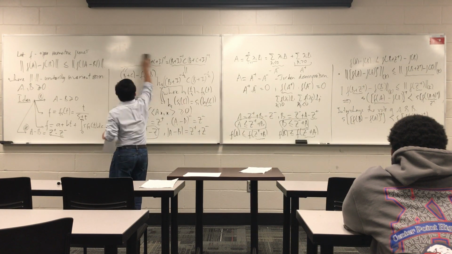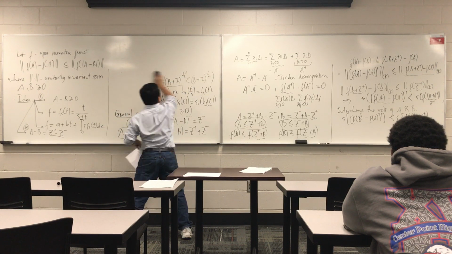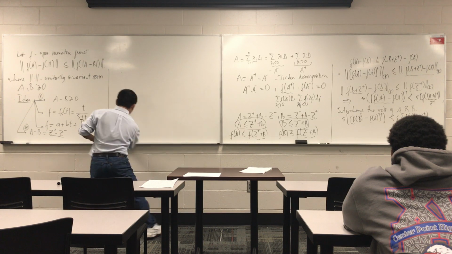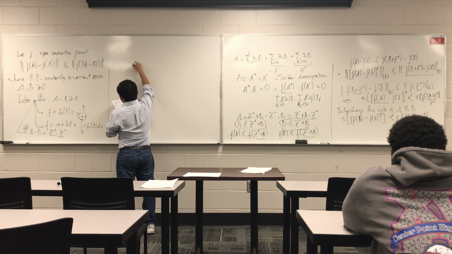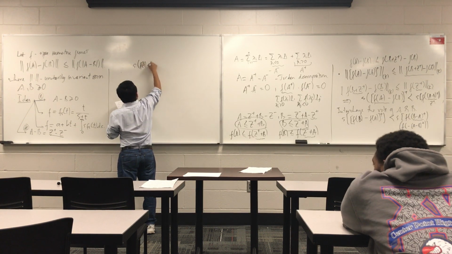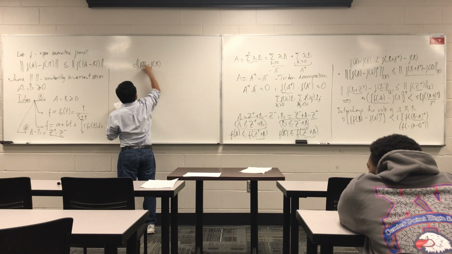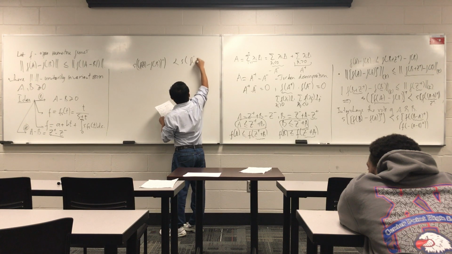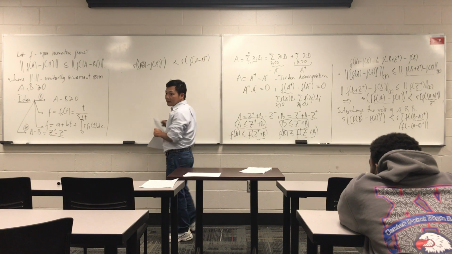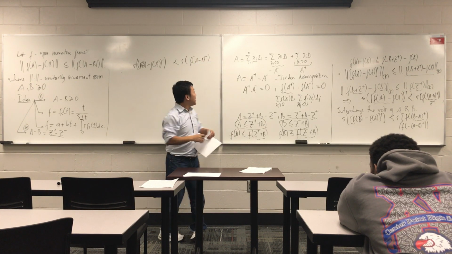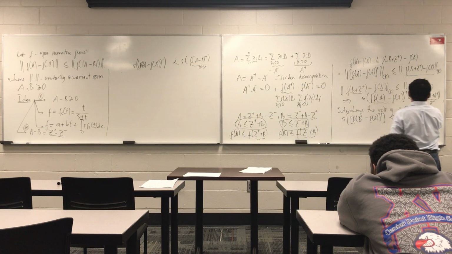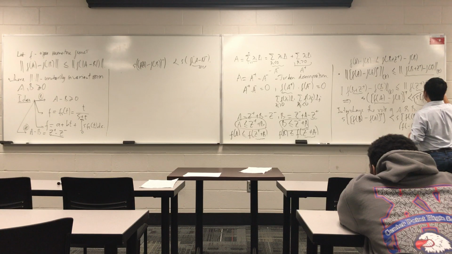From here we have s of f of A minus f of B, negative, majorized by s of f of A minus B, negative. And now we combine this inequality and this inequality, right? This with this.